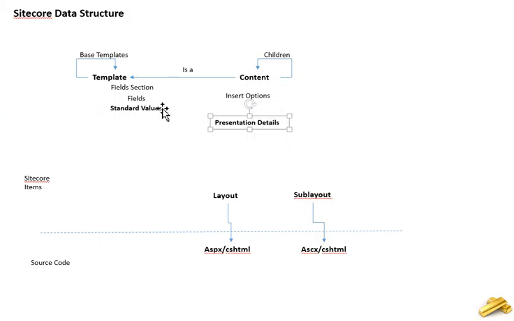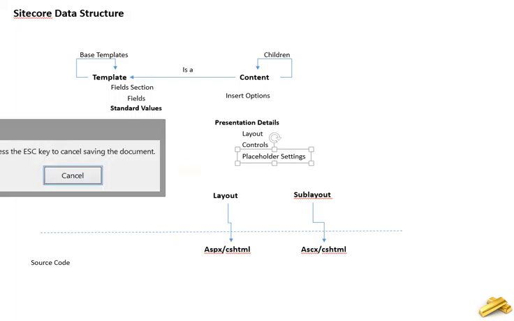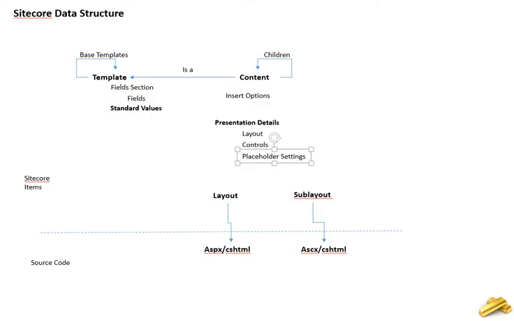Inside the presentation details, you can define the layouts, the controls, and the placeholders. Multiple placeholders can be put into the layout. What kind of restriction you want to put into the placeholder is called placeholder settings, and one of the key items here is called allowed controls.